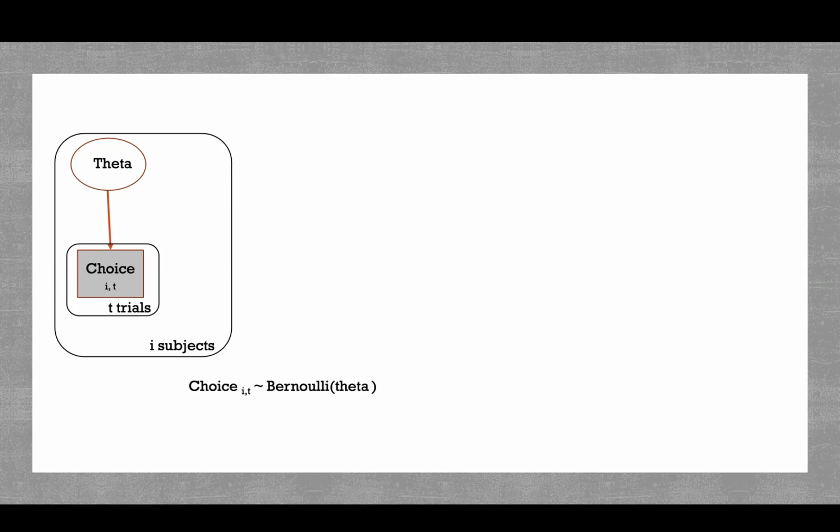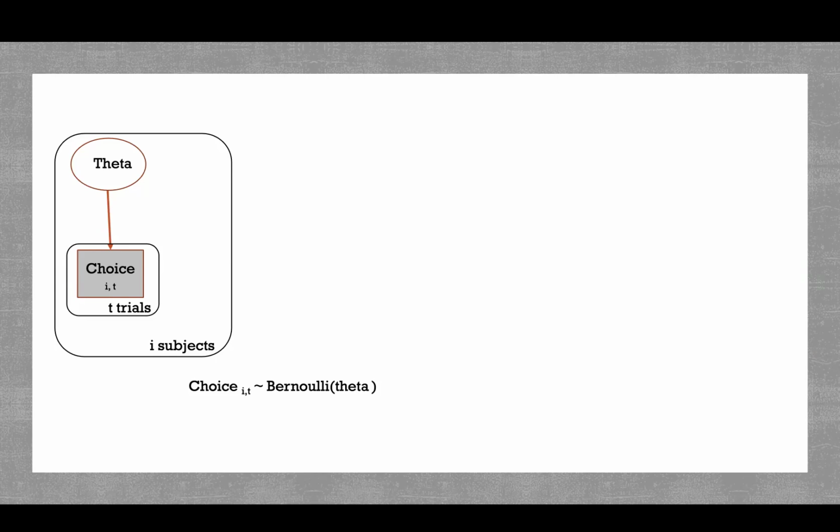And it's what is called full pooling. You're assuming that all the participants are part of the same thing without stratification. And so you can use all the data of all the participants of all the trials to estimate this one parameter. Wouldn't life be easy if things were like that?